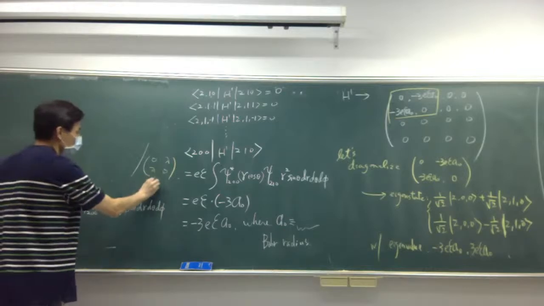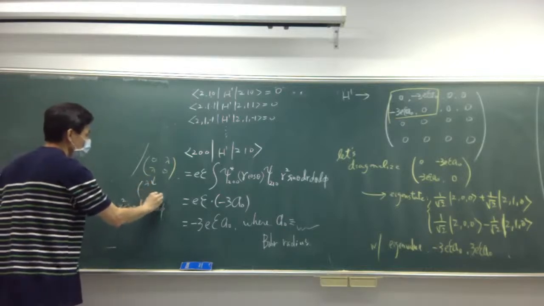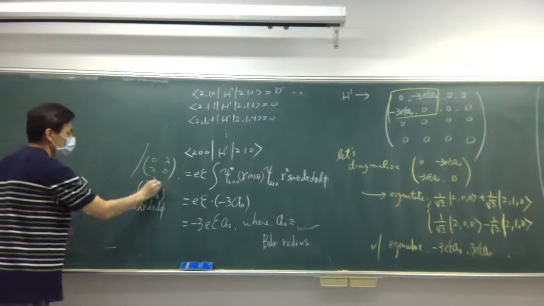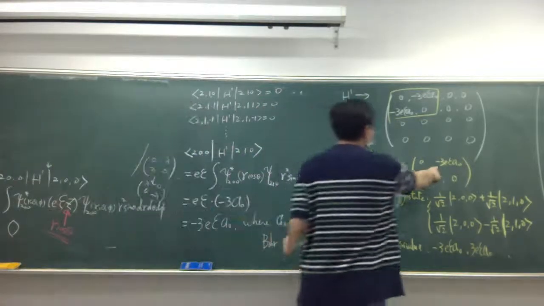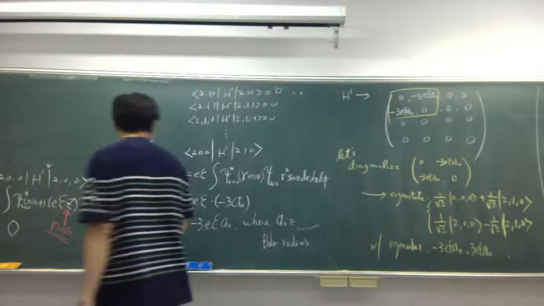Because in this case, when we diagonalize it, it goes to lambda, minus lambda, 0, 0. In this case, lambda is minus 3 E A naught.